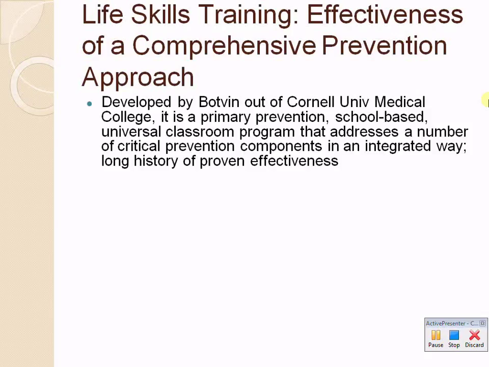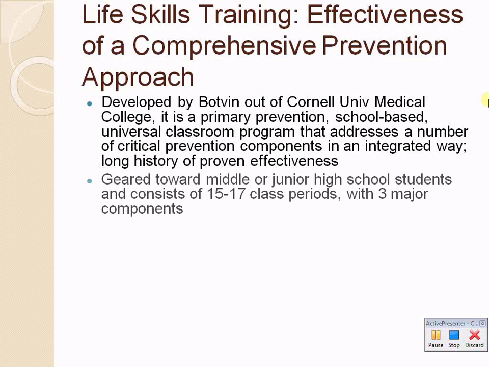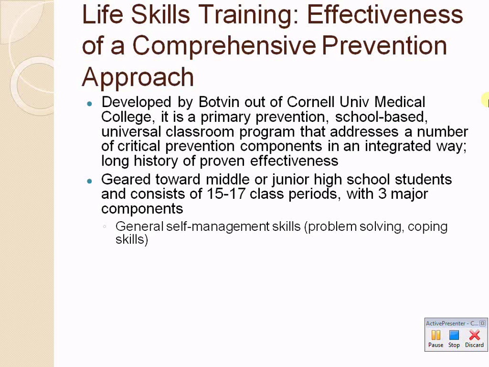Life skills training. So this was developed by Botvin out of Cornell University, and it is a primary prevention, school-based, universal classroom program that's really addressing a number of critical preventative components in what we call an integrative fashion. It's geared toward middle school and junior high students, so we're really looking at that 15 to 17-year-old, with three major components.